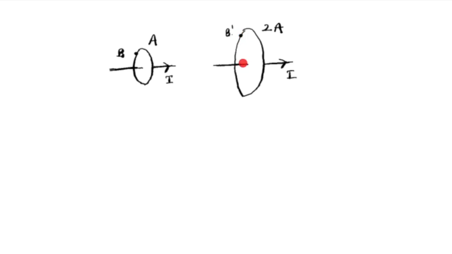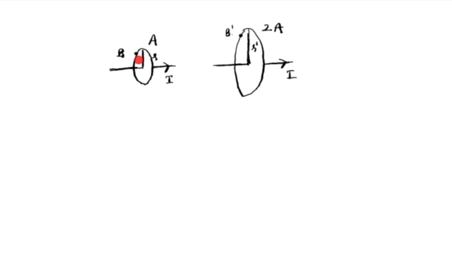Let me call this one B dash. Now remember, for the magnetic field around the conductor, we don't have any formula by area. We have a formula by distance. So if this is the radius, let's say r, and this is the radius r dash because we doubled it, and if we are able to figure out the relation between them, then we'll be able to find the magnetic field here as compared to here.